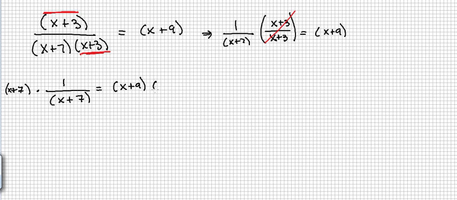We want a constant over here, so this side has to be multiplied by x plus 7. As long as we're multiplying both sides, it's like multiplying by 1. What we're doing is multiplying this side, but we're taking this one over to that side.